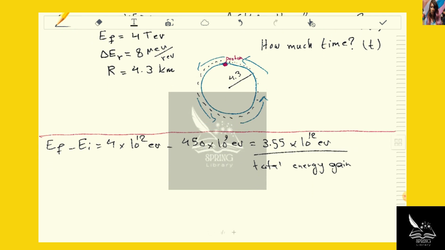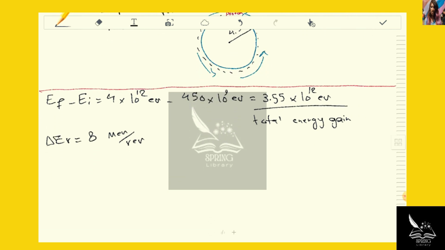We also know that energy gain, each revolution is 8 mega-electron volt. So if we divide the total energy gain by the energy gain each revolution, we can find the number of revolutions.